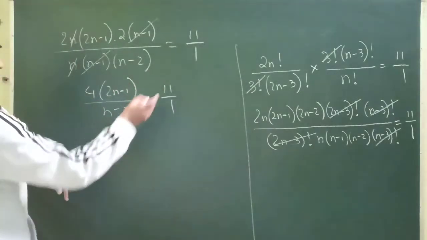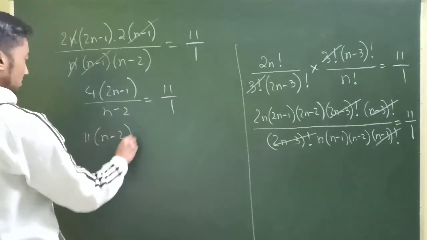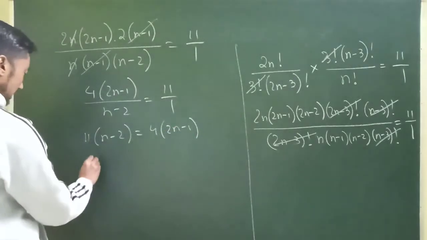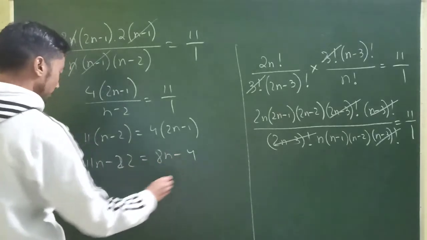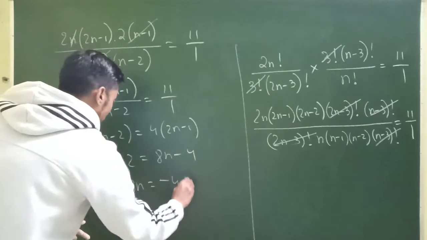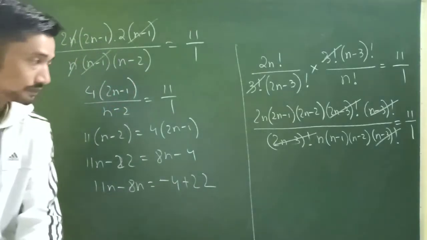Let's simplify, cross multiply. 11 into (n minus 2) equals 4 into (2n minus 1) into 1. 11n minus 22 equals 8n minus 4. 11n minus 8n is equal to minus 4 plus 22.